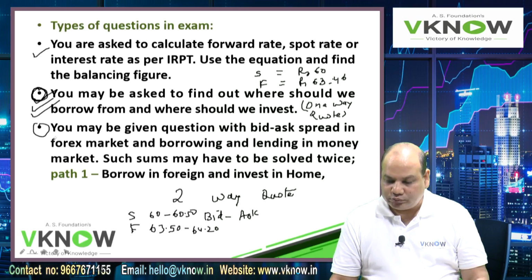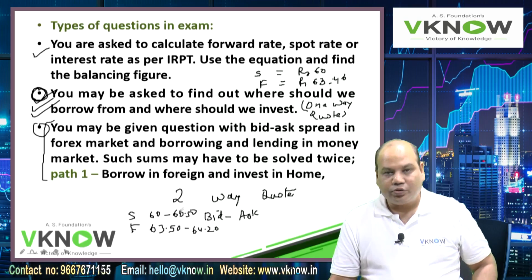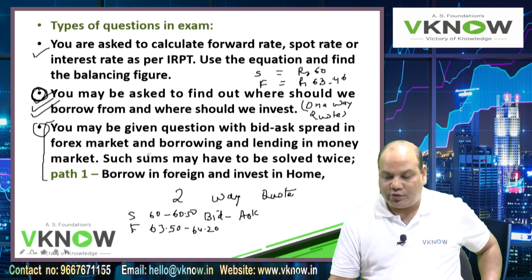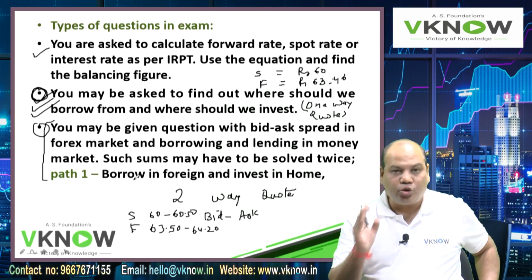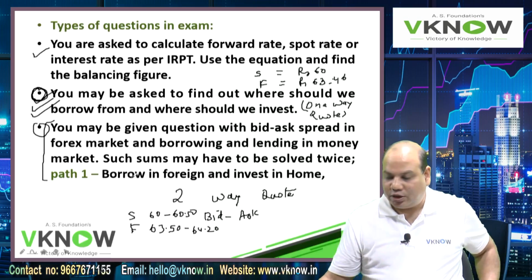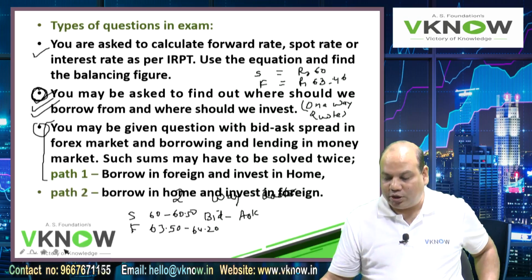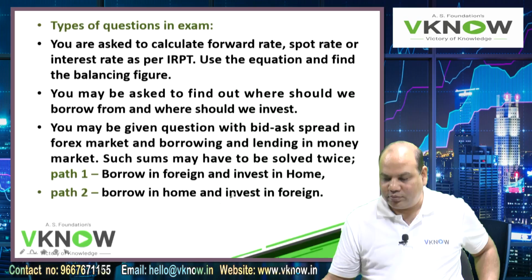So what I'll do, when bid ask both are given, I will solve the problem twice, that is easier. I will first assume borrow in foreign country, invest in home country. Then I will assume borrow in home country and invest in foreign country. Whichever path gives me the positive answer, that path we will follow.